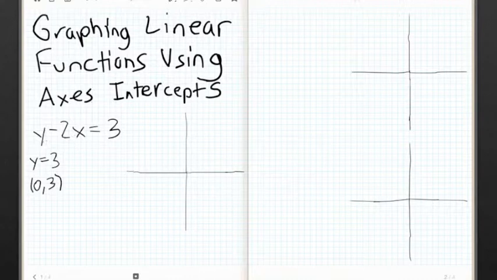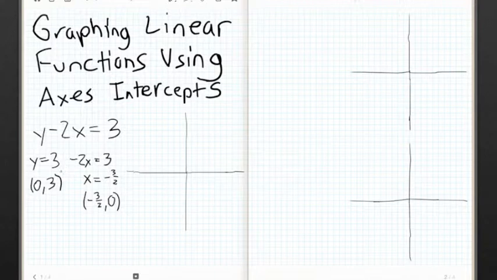If we do the same thing for the other variable, we set y equal to 0, then the y will disappear and we'll be left with negative 2x equals 3. X will be negative 3 over 2. And since we set y equal to 0, we have x is negative 3 over 2 and y is 0.